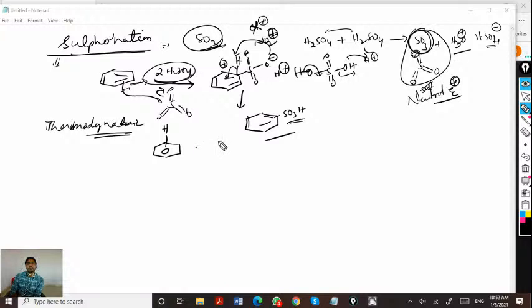So if I replace hydrogen with deuterium, the bond breakage will be difficult, so the reaction will become slow. When the speed is altered by isotopic substitution, it is said to be the isotopic effect. So in sulfonation only the isotopic effect is present, not in other electrophilic substitution reactions. This is one of the important points.